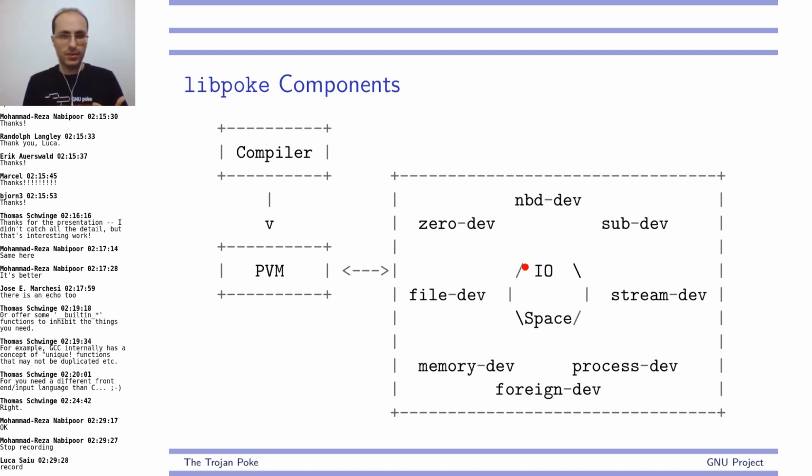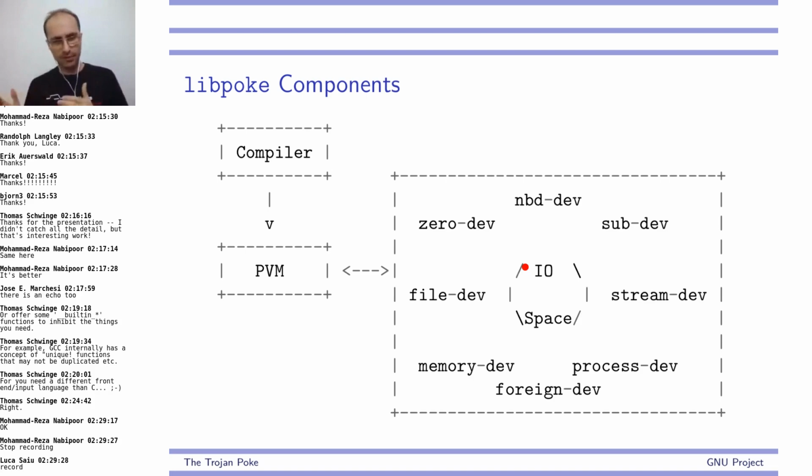It supports streams like stdin, stdout, and a process device, which you can attach to other processes and poke their memory. And it has a memory device, which is something temporary in the libpoke memory, in your process memory, and you can do stuff like copying and serializing. It's a very nice, useful and cheap device to have.